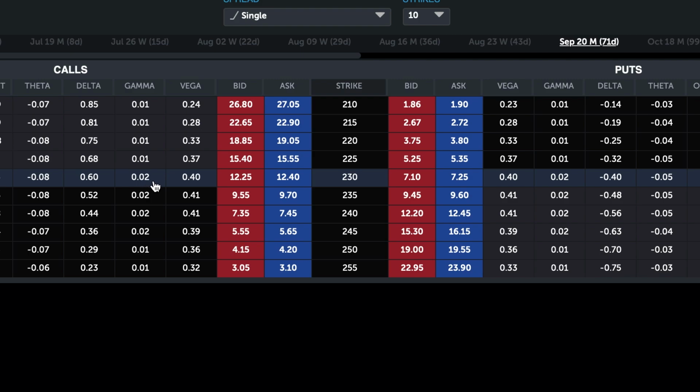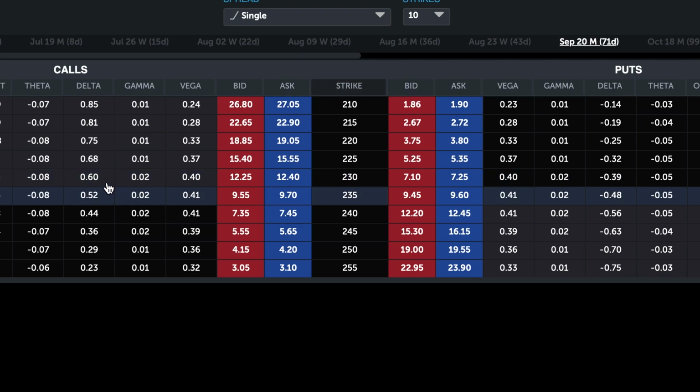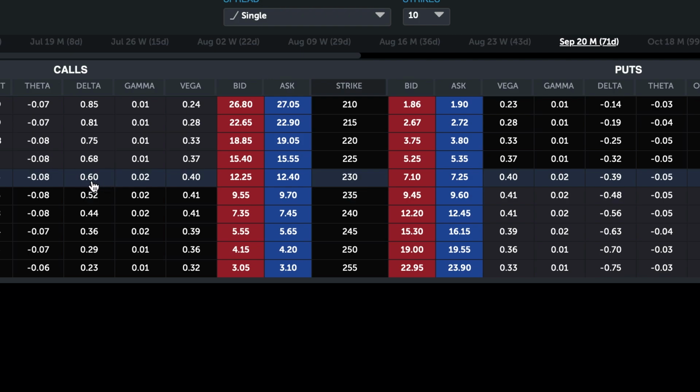So this basically means that every time the stock price goes up $1, the delta is going to change by 0.02. For example, here at 230, if the price goes up to 231, this will then change to 0.62. If it goes up to 232, it's going to be at 0.64, and so on, if that makes sense.